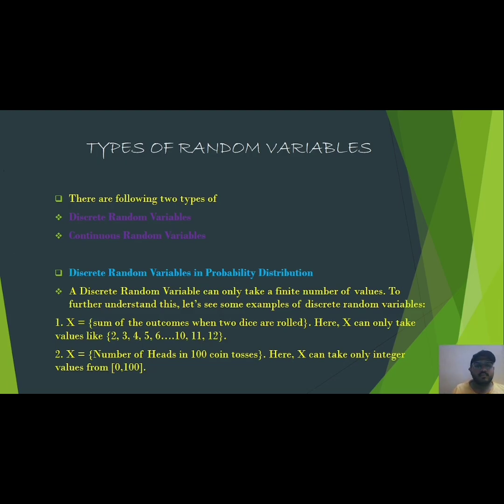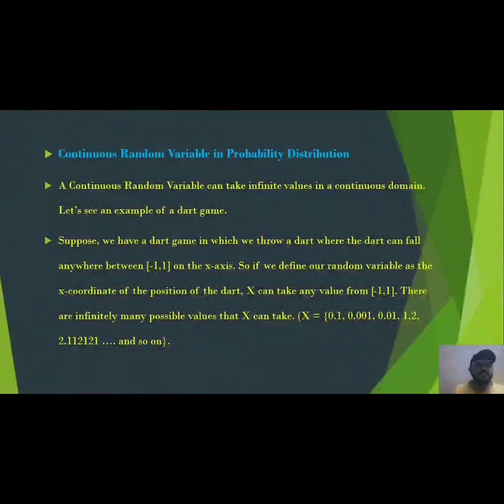Next, continuous random variables in probability distribution. It is a variable which can take infinite values in a continuous domain. Let us see an example.